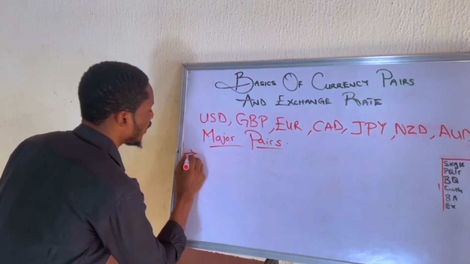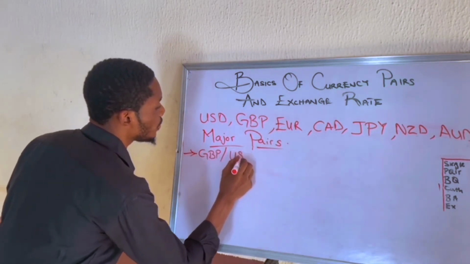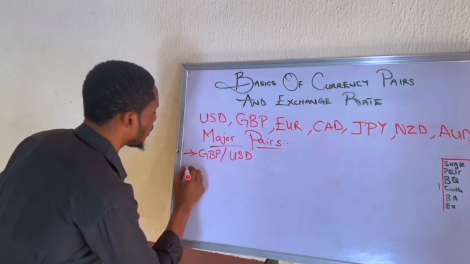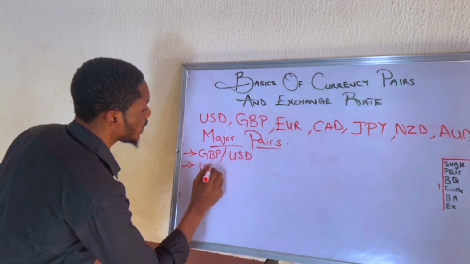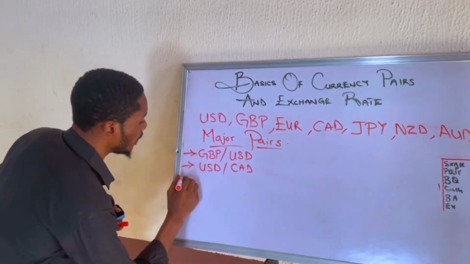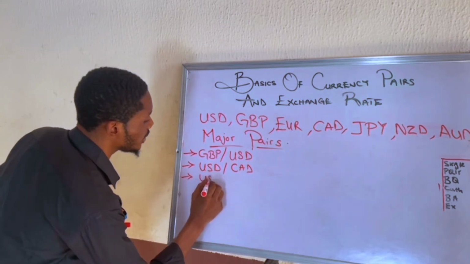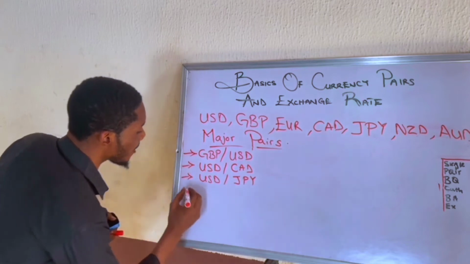So we have GBP slash USD. We have USD slash CAD. We have USD slash JPY.